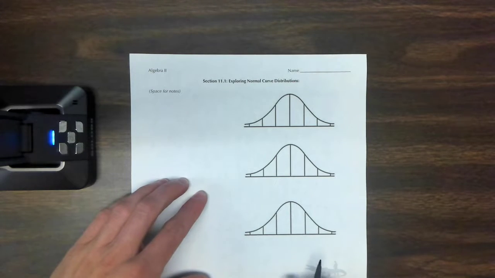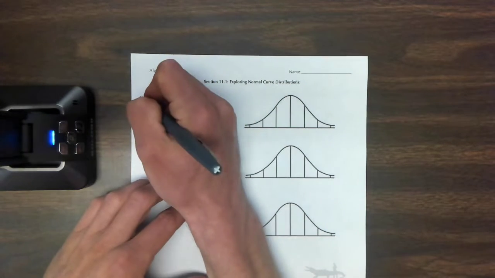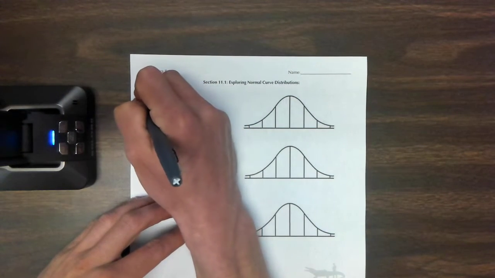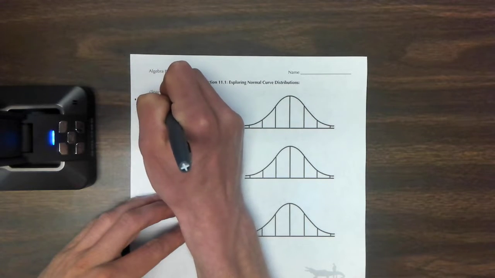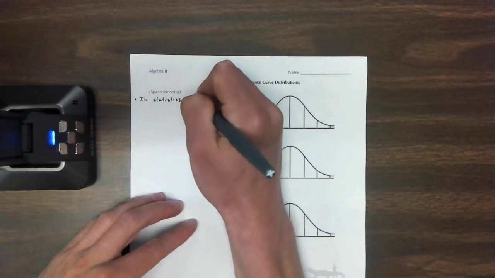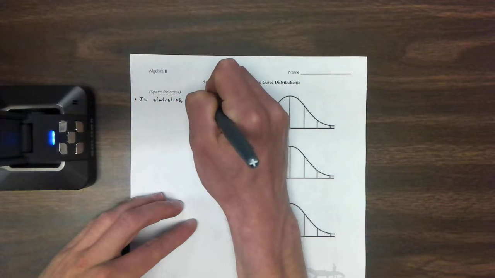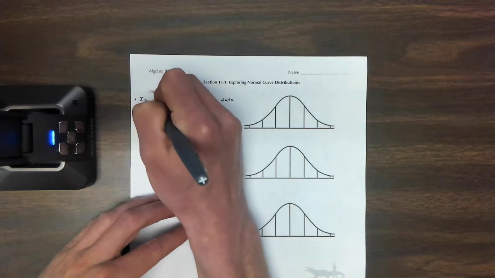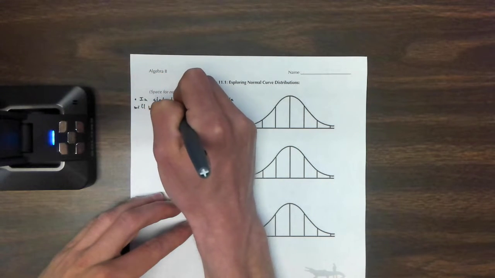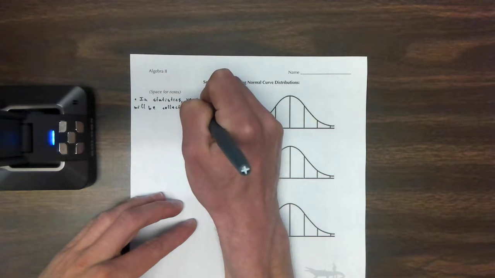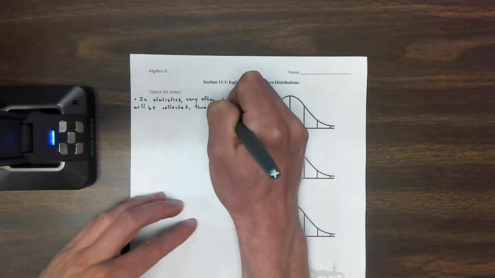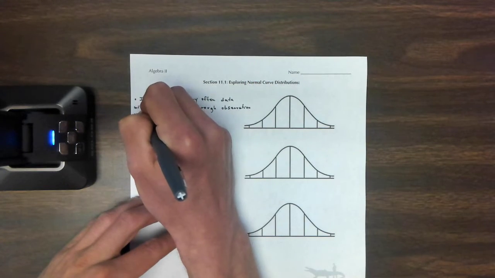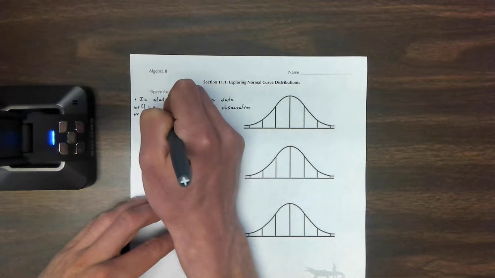So let's start with defining some things. In statistics, remember we're taking notes, we're moving along together. In statistics, very often data will be collected through observation maybe, or survey, okay?